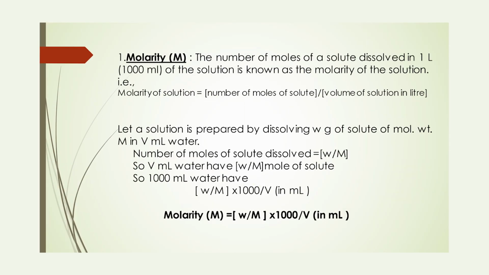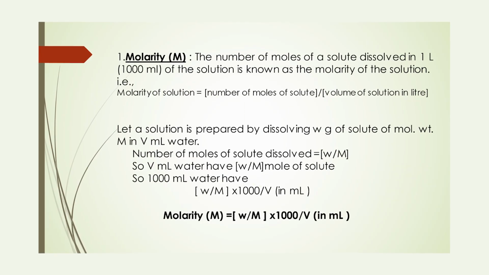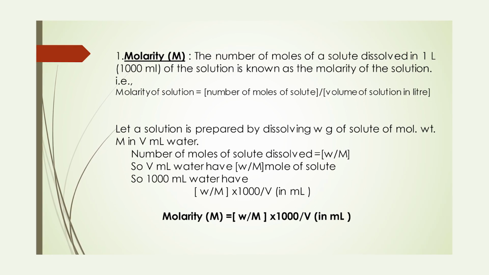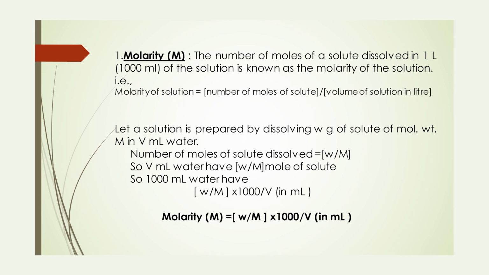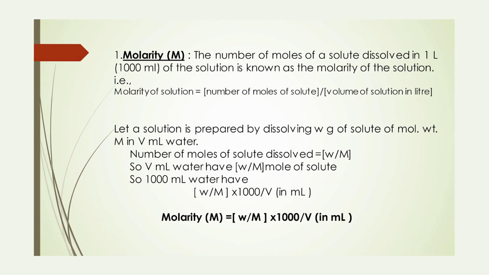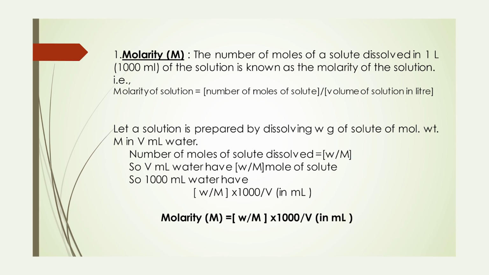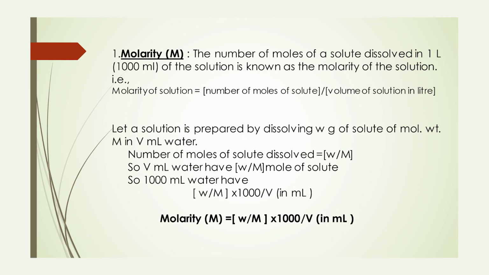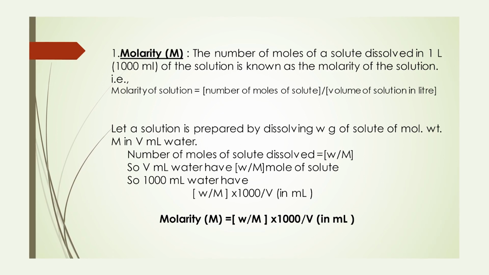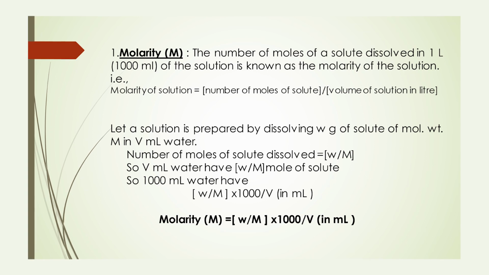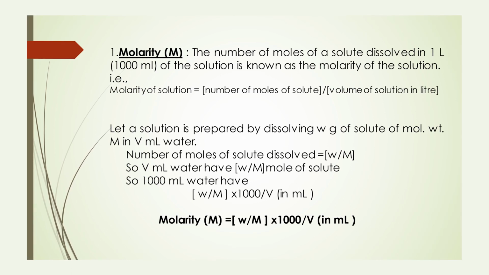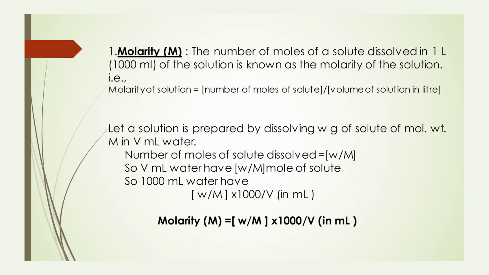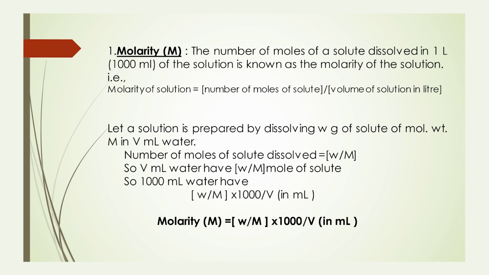After the physical concentration unit, we are going to learn about the chemical unit one by one. The first one is molarity. It expresses the moles of solute dissolved in 1 liter of solution. You know that the number of moles can be calculated as given mass of solute divided by molar mass of solute, that is capital M is equal to n by V, where V is in liter.